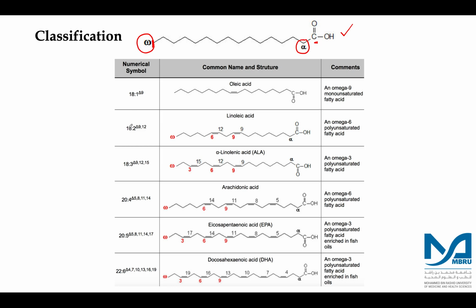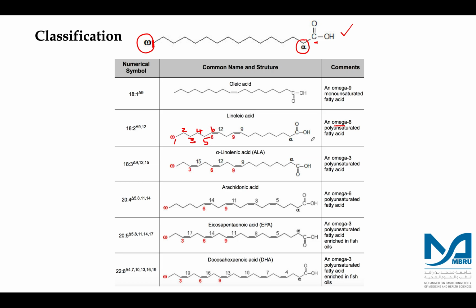So let us start looking at the classification. So this is linoleic acid. Now if you look at it, they say this is an omega-6 polyunsaturated fatty acid. How do I know that this is an omega-6? I know this is the omega carbon, so I start counting the number of carbons from the omega end. So 1, 2, 3, 4, 5 and 6.